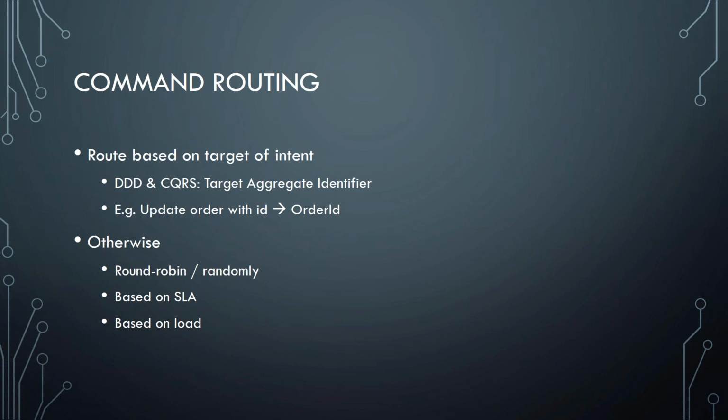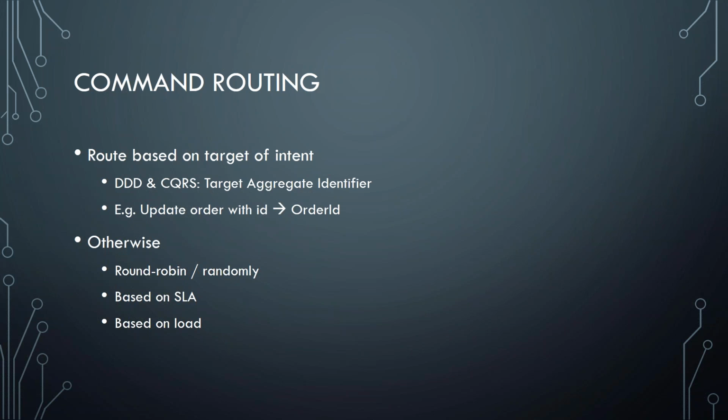Now, in practice, you wouldn't want to use the modulo as a hash function, and Axon doesn't use that. It uses a consistent hashing algorithm to route, which is a lot better when it comes to changes in the number of nodes. But there are other ways to route it. You can also do round robin.